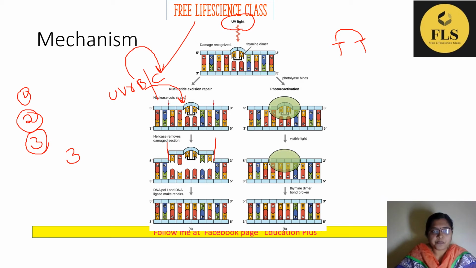So UVRC cleaves this strand here and here, but actually there is a hydrogen bond existing between the base pairs, isn't it? Yes. So we have to remove that hydrogen bond.